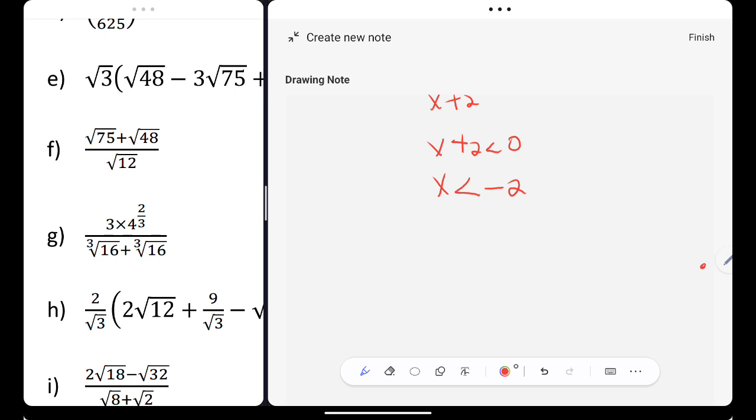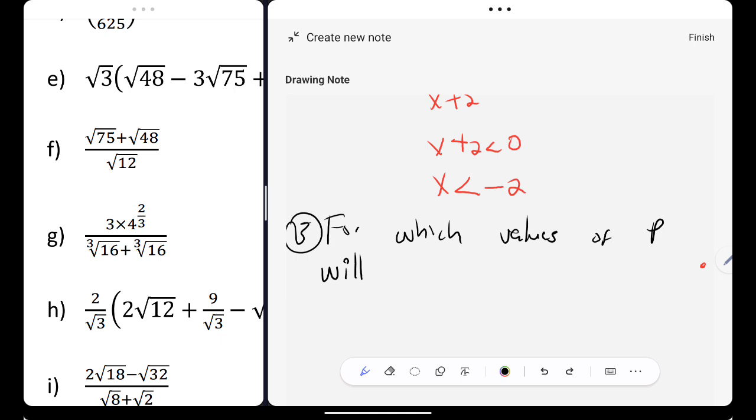Question number 3, you'll be asked: for which values of x will p be undefined?